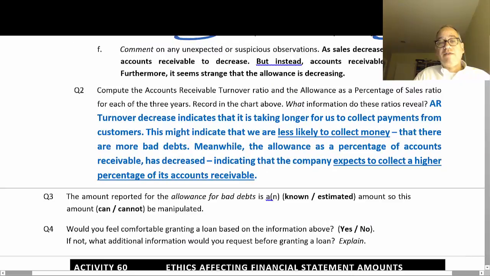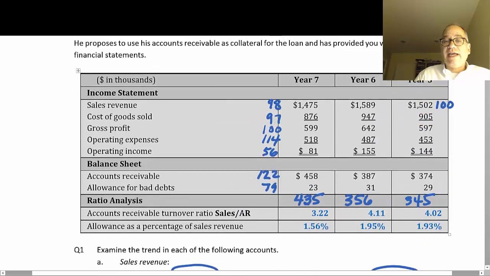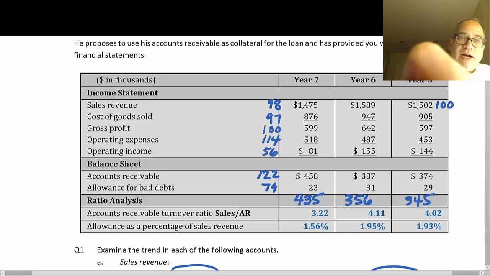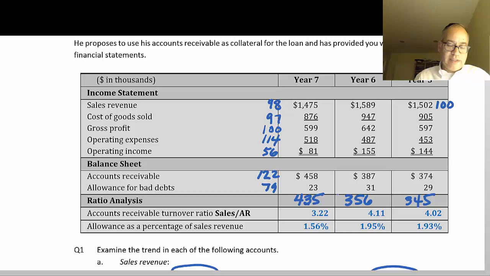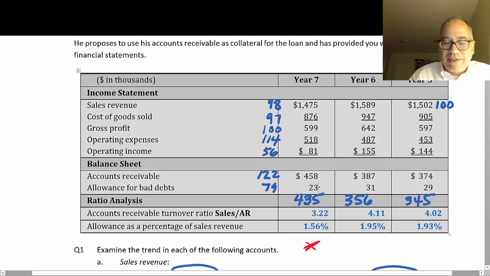So moving along, the amount reported for allowance for bad debts is estimated, so it can be manipulated. Let's just plug numbers in here so you can see what might be the situation. What might be the situation is that the allowance for bad debt should really be higher. Let's say it's 2% of accounts receivable. 1475 times 0.02 would be equal to 29.5, or let's say 30. It would be 7 higher.